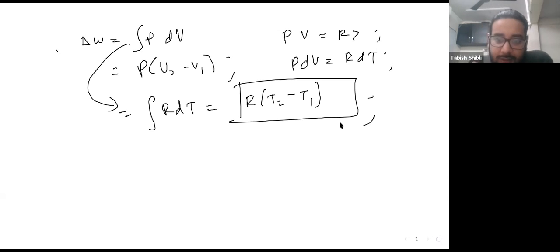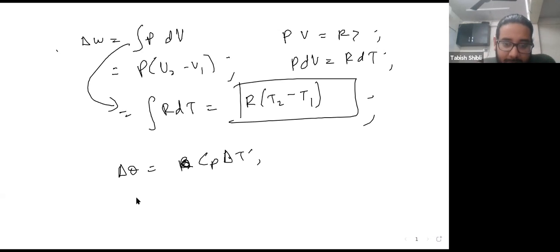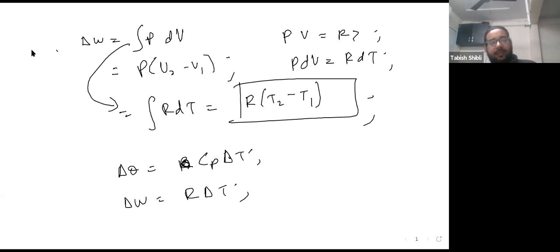So my energy is going up by Cp delta T, and my work done is going up by R delta T. This is in an isobaric process.